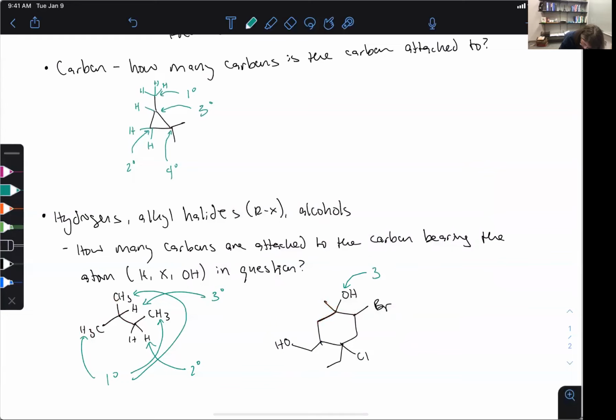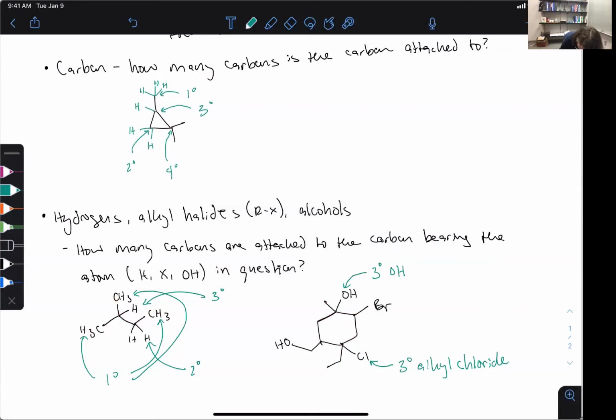So this is a tertiary alcohol. Okay, if we look at this chlorine, it's actually in a very similar position. It's attached to this carbon, which is attached to 3 other carbons. That is a tertiary alkyl chloride.